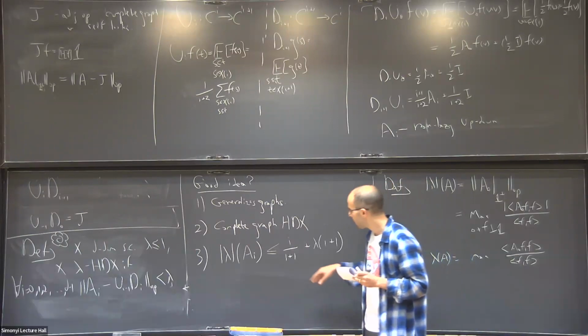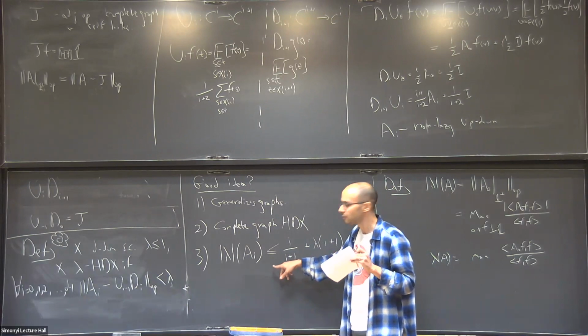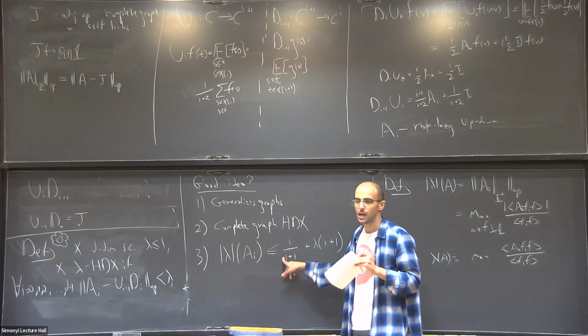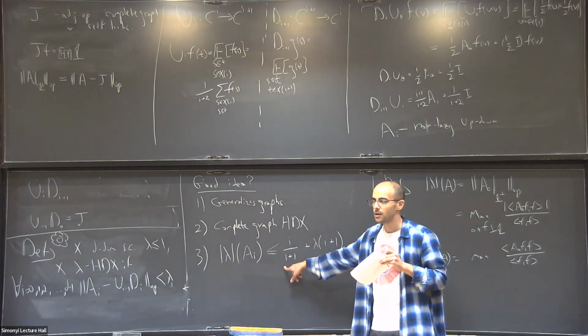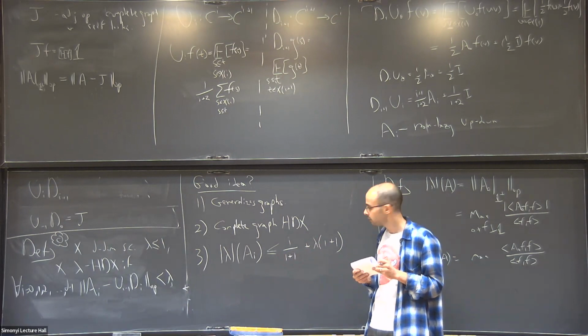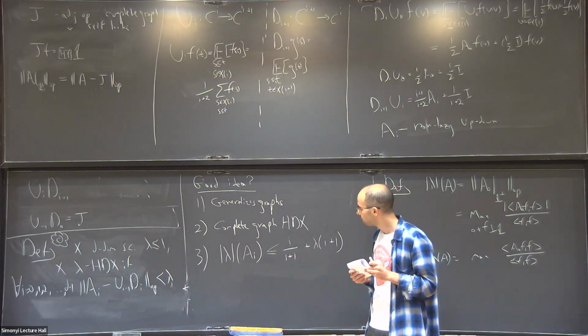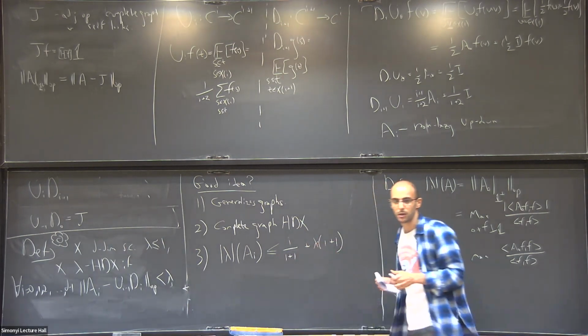The graph becomes more of an expander as I go to 0, but if I take the dimension higher and higher, this thing actually looks like 1. But still it gives me some expansion: lambda times i plus 1. Yeah, it's lambda times the i plus 1.